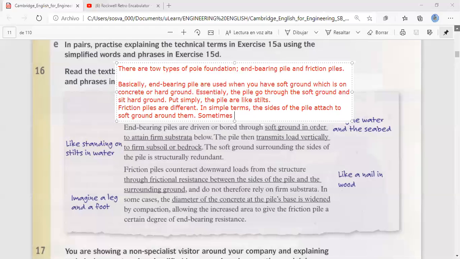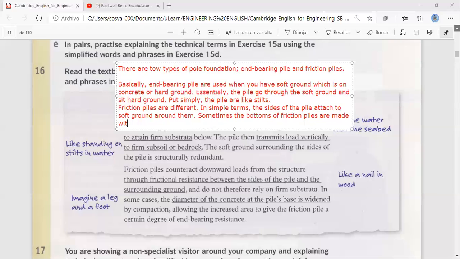Well, sometimes the bottoms of friction piles are made wider. Made wider means más anchos.